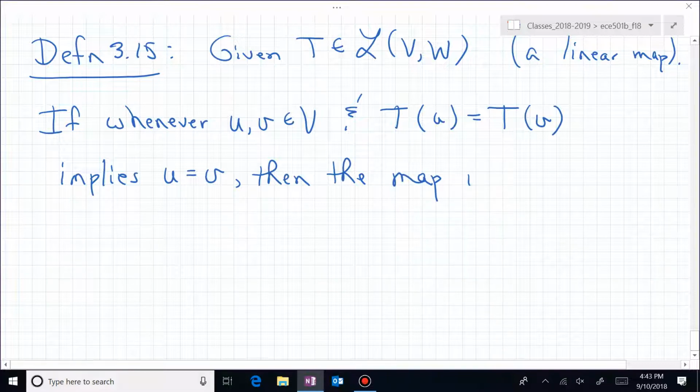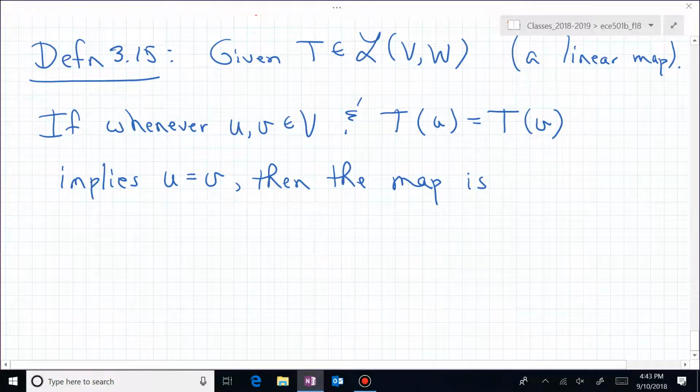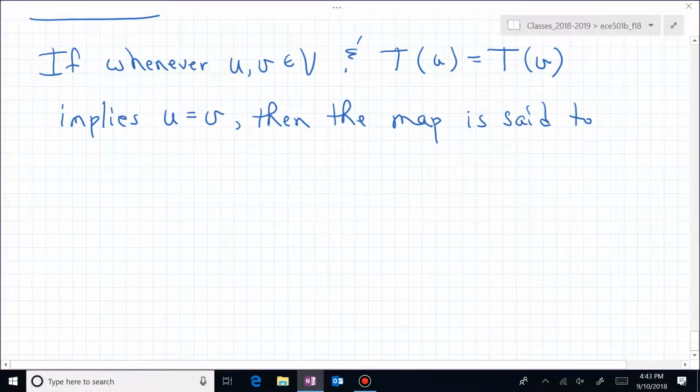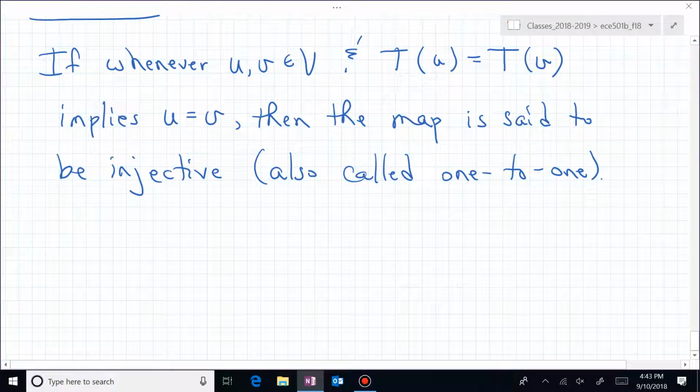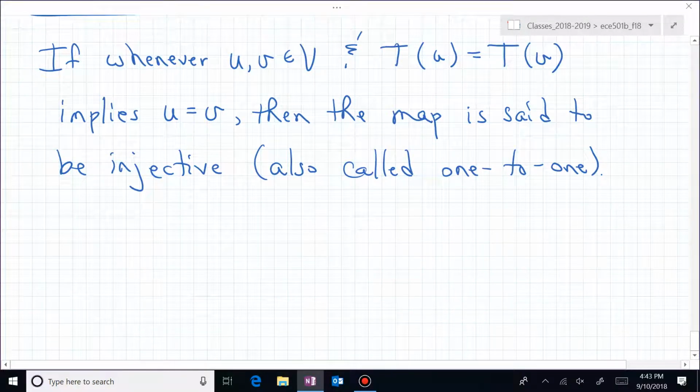Then the map is said to be injective. So given u and v, and the fact that T of u equals T of v implies u is equal to v, then that's an injective map. That's what we mean by an injective map.